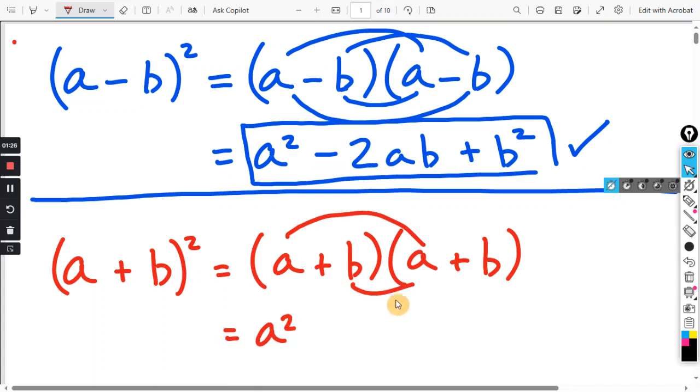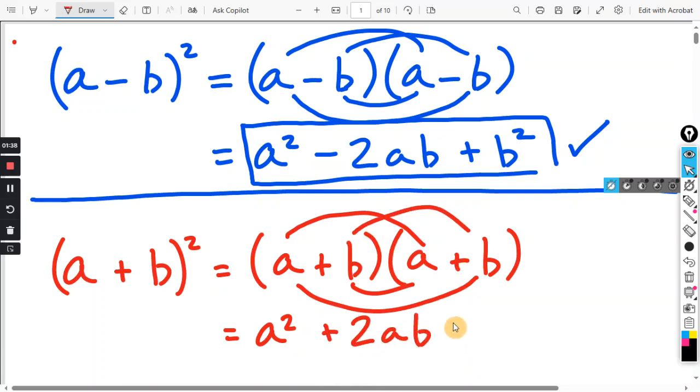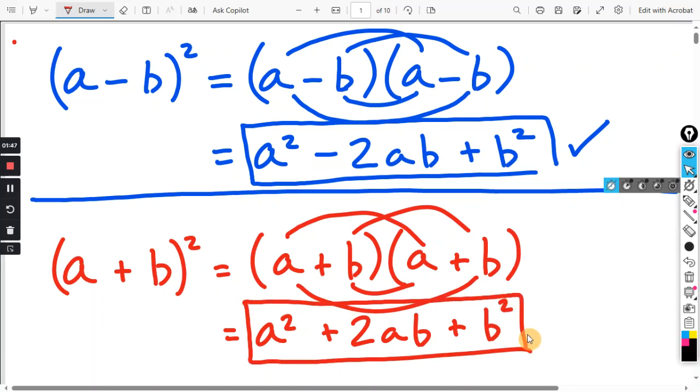The inner is ba, the outer is ba, so ba plus ba is 2ba, or 2ab, same thing. And the last term, b times b, is b squared. So this right here is the result of a plus b quantity squared.